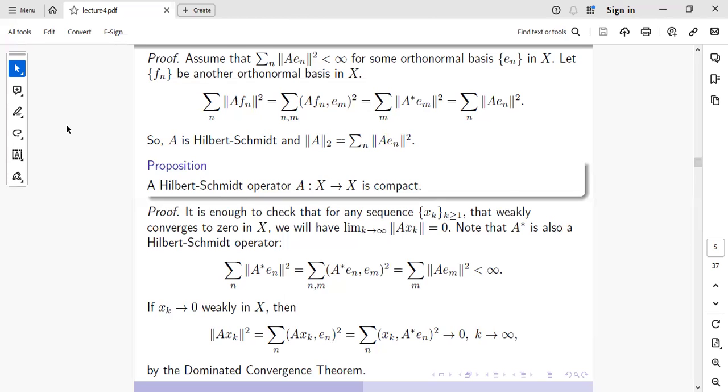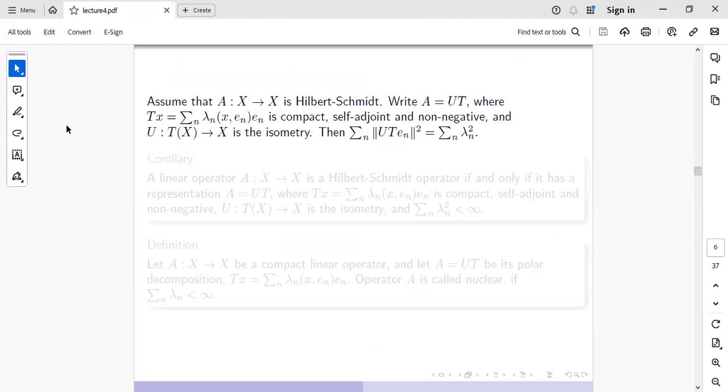Okay. And one more class of operators. So if A is Hilbert-Schmidt, then it has a polar decomposition. And note that the norm of A e_n squared, if e_n is formed from eigenvectors of T, since U is the isometry, it is the same as norm T e_n squared.